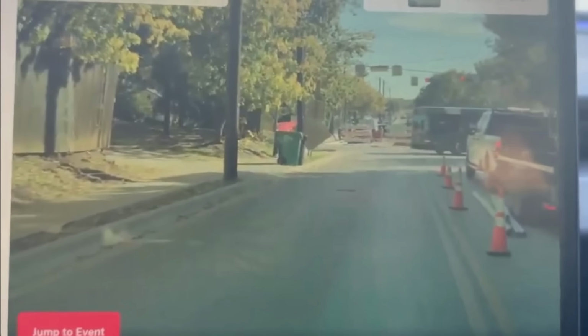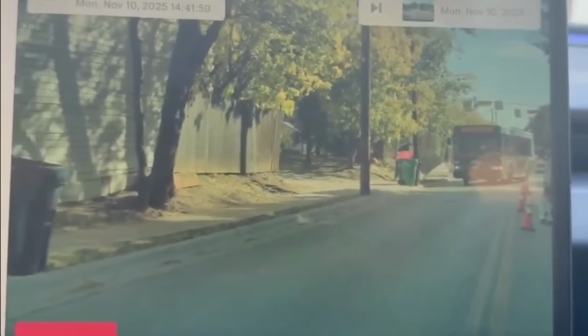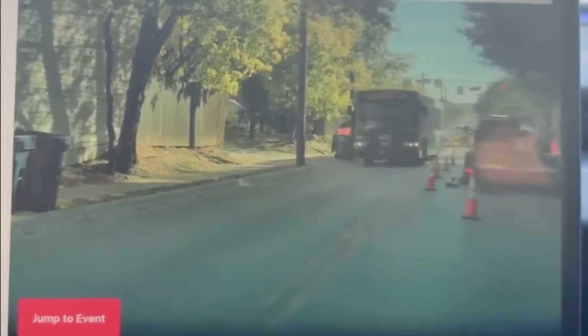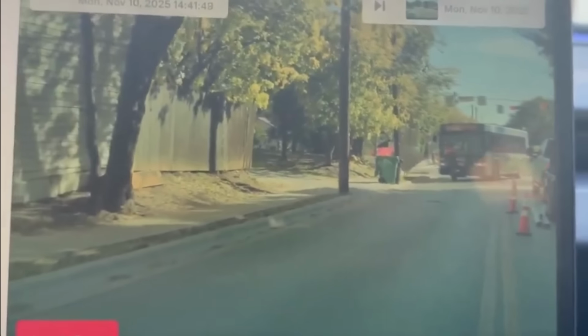So the car started to go around the construction work, realized the bus was coming, backed up, waited for the bus, and then went around safely. Very well done. And that was 14.1.4.